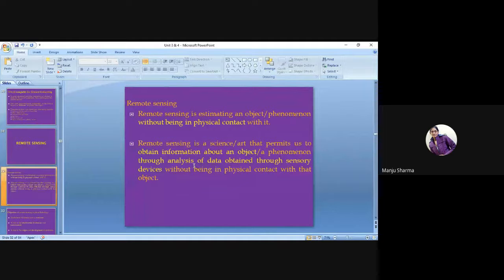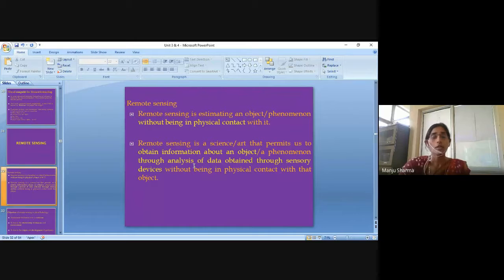Remote sensing is a science and art that permits us to obtain information about an object or phenomenon through analysis of data obtained through sensory devices without being in physical contact with that object.